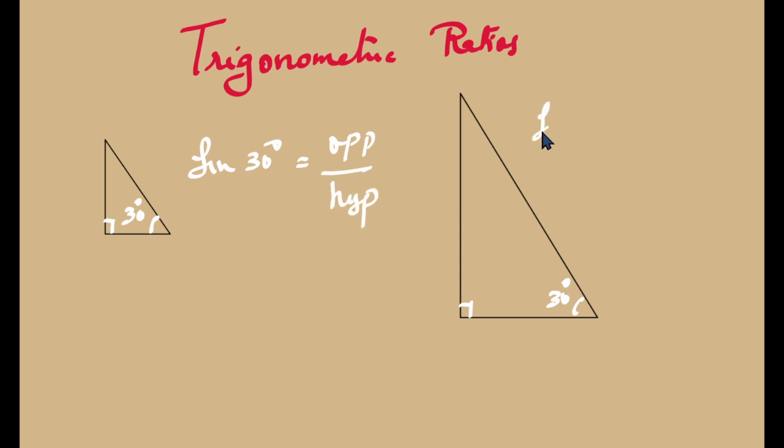And for the big triangle, sine 30 degrees is equal to the length of its opposite and the length of its hypotenuse. But sine 30 degrees is the same for both these triangles. This is what we have been studying so far, right?